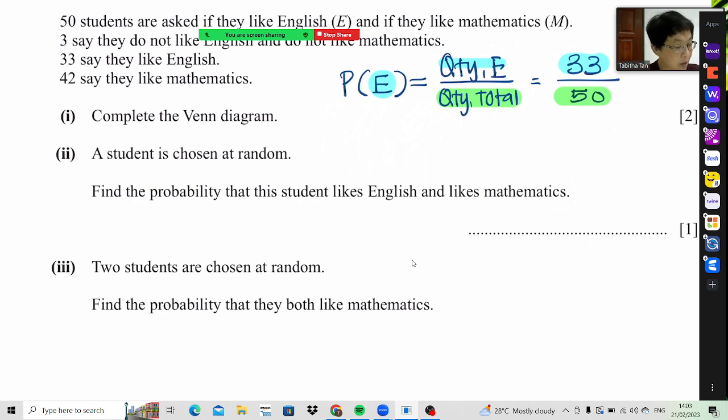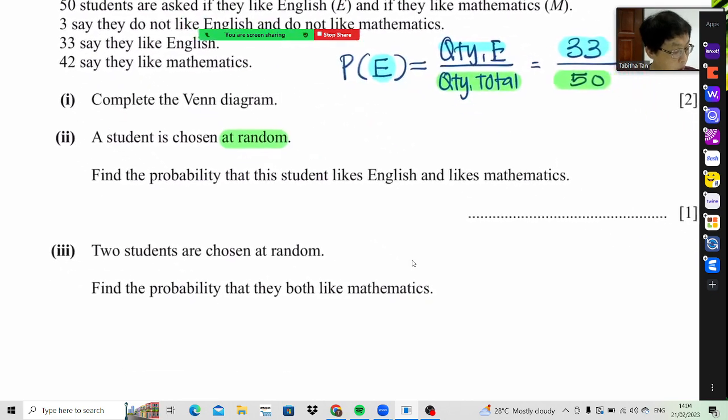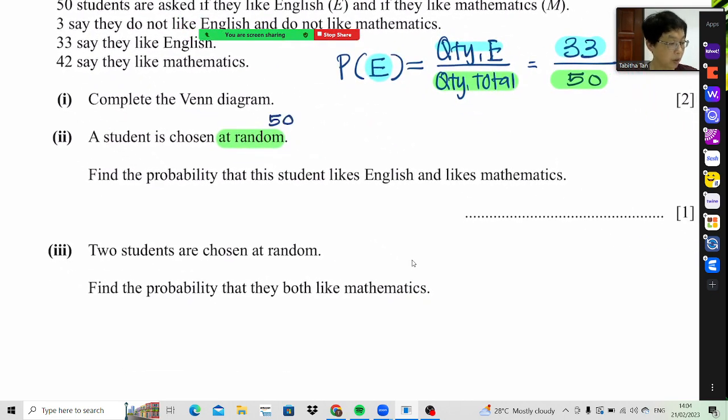When they say they choose at random, it means there is no specific group chosen from, just the general group, which means 50. So this number is the quantity of the total. Now, look at what they want.